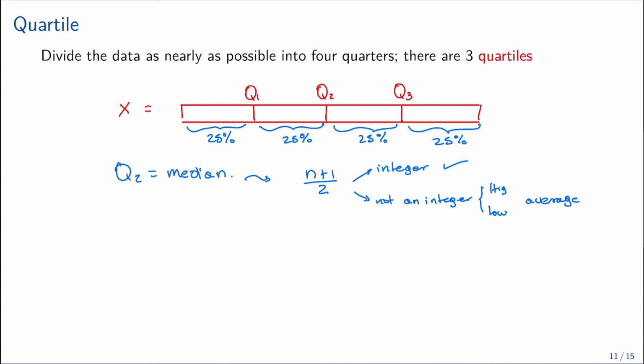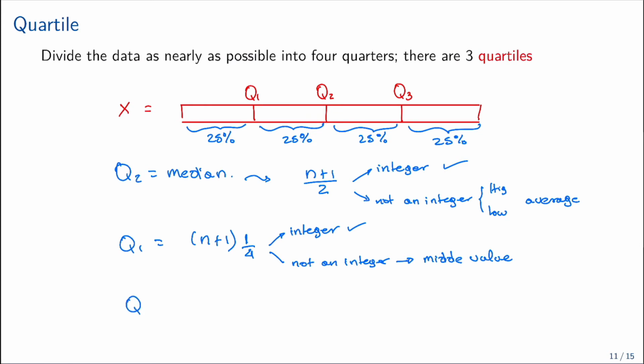In the case of Q1, we have n plus 1 multiplied by 1/4, and then we proceed the same way. If it's an integer, we are good. We just take the value of that position. If it's not an integer, then choose the middle value.